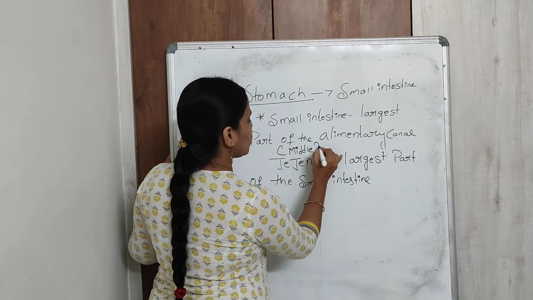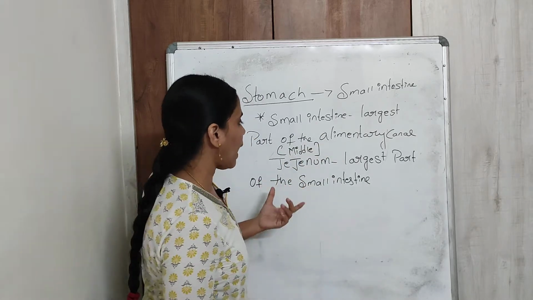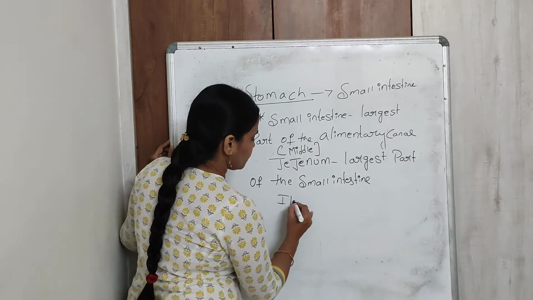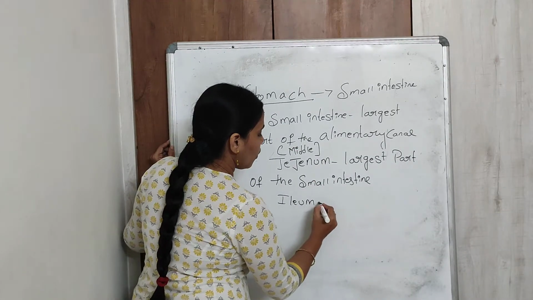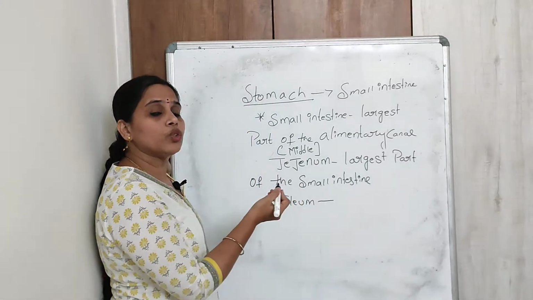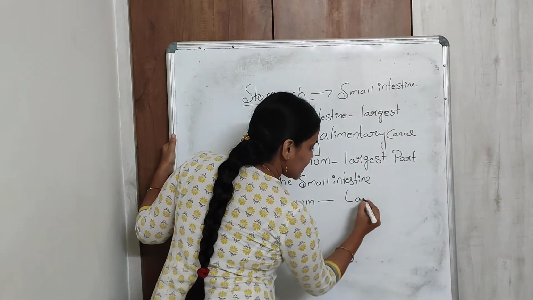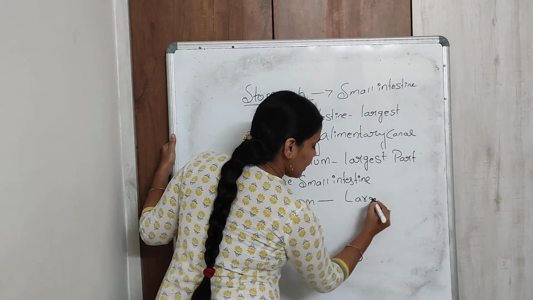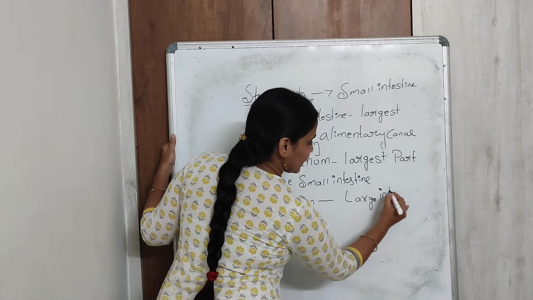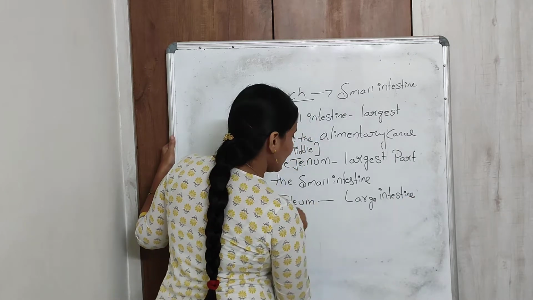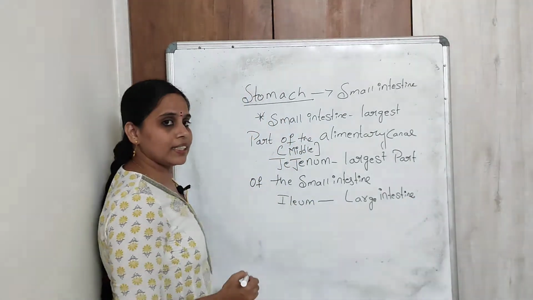After the jejunum, the next part is the ileum. The ileum opens into the next part of the alimentary canal. Do you know what the next part is? It's the large intestine.